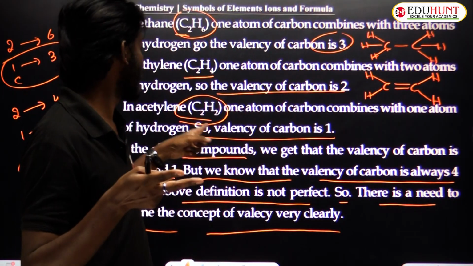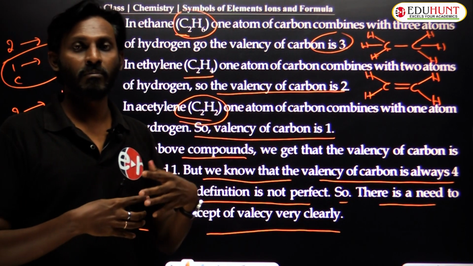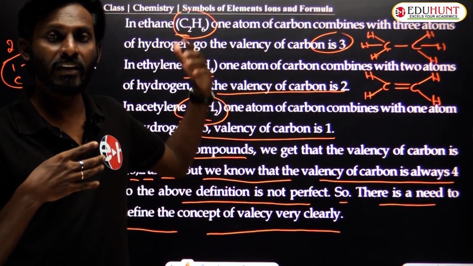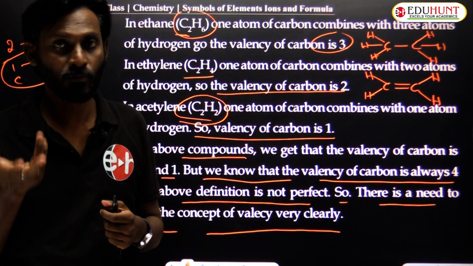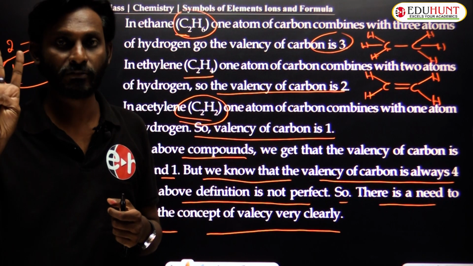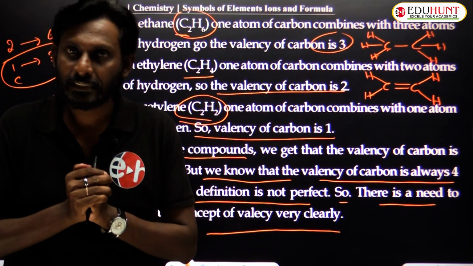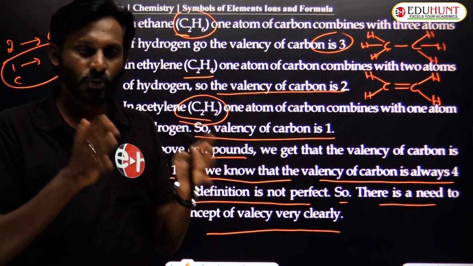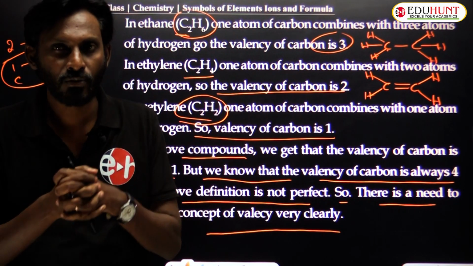If the carbon combines with 1 hydrogen, we have given 1. So by this, in every compound, a different combining capacity is coming for carbon. We know that carbon has combining capacity 4.